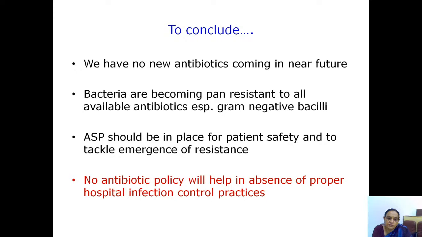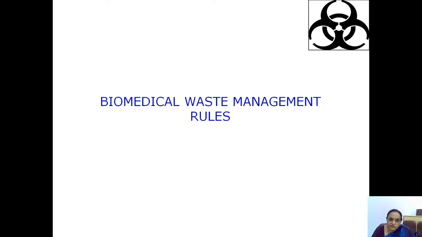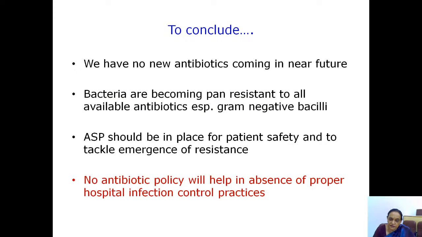So antimicrobial stewardship program should be in place for patient safety as well as to tackle the emergence of resistance. But we must remember, as I told you, no antibiotic policy will help in absence of proper hospital infection control practices. So with this I conclude this lecture.